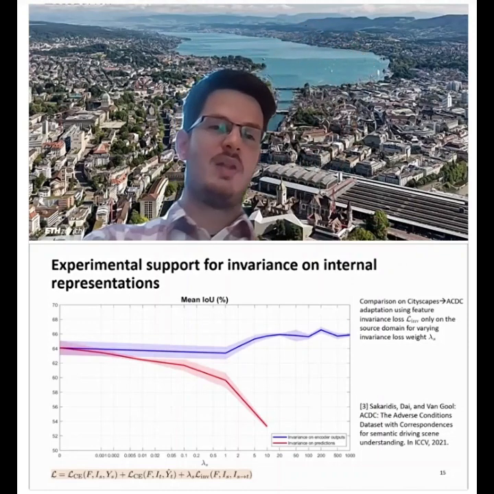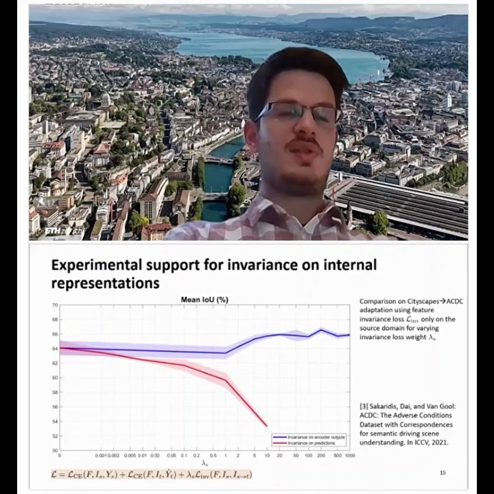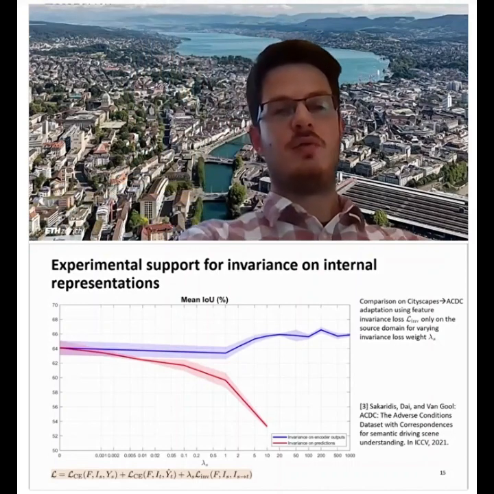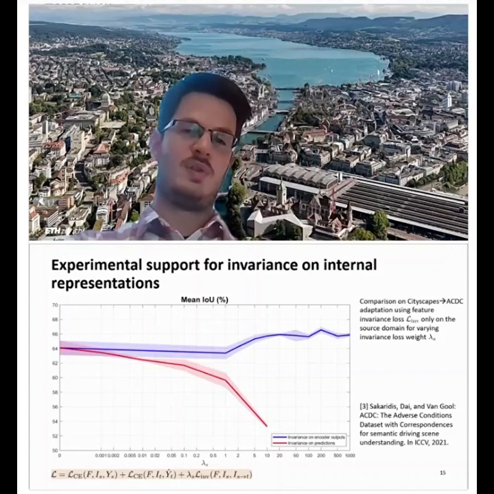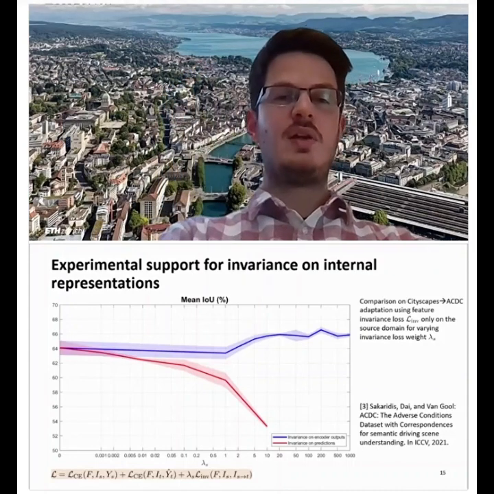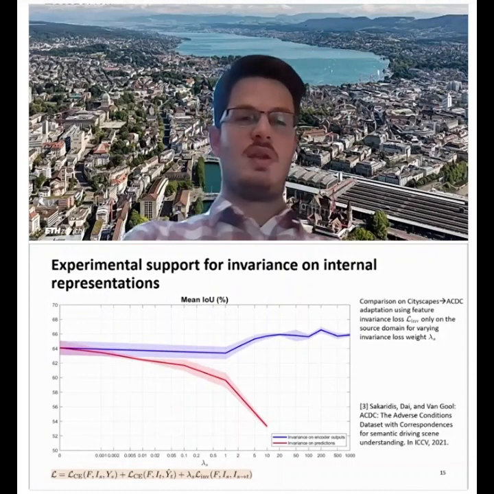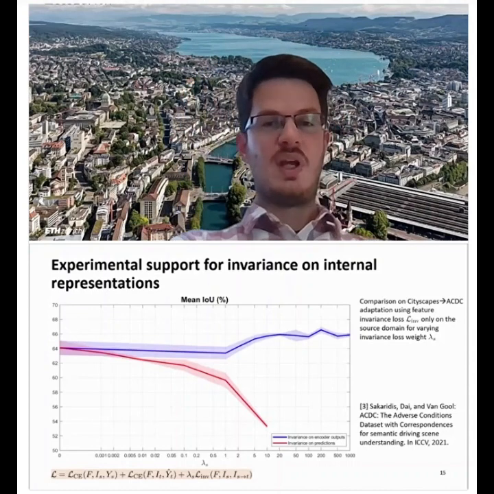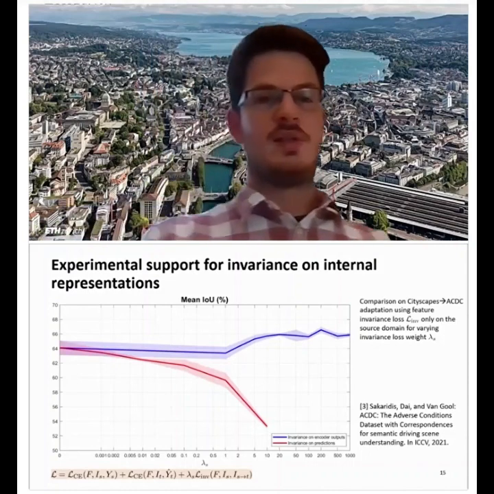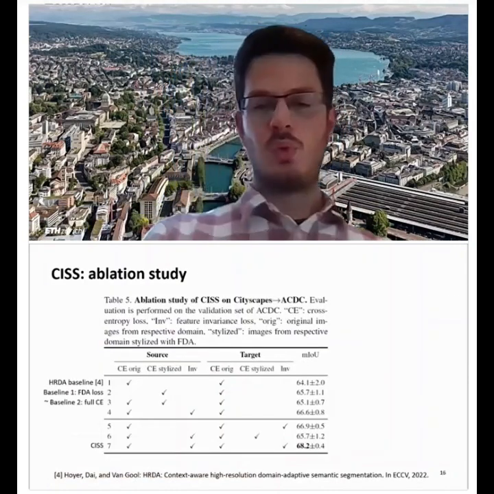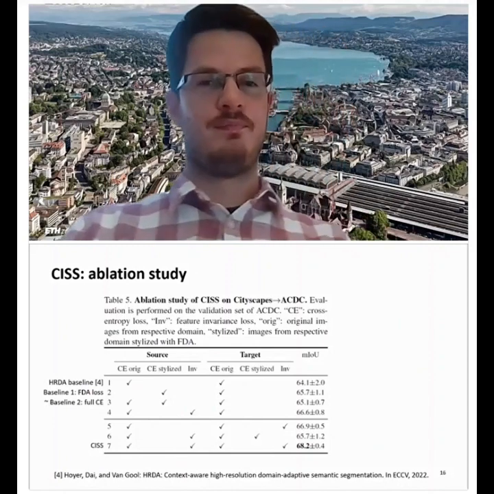So we see that we can have a significantly improved performance at the rightmost part of the curve for the internal representations when we apply the invariance, whereas when we apply invariance at the predictions, the performance already deteriorates for quite low values of our loss, quite low weights for our loss.